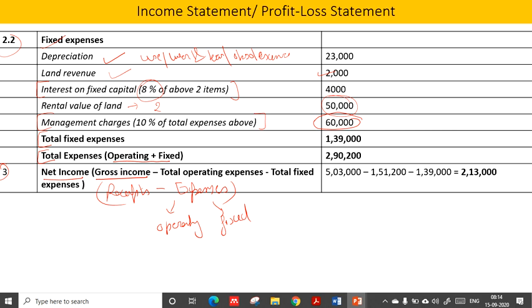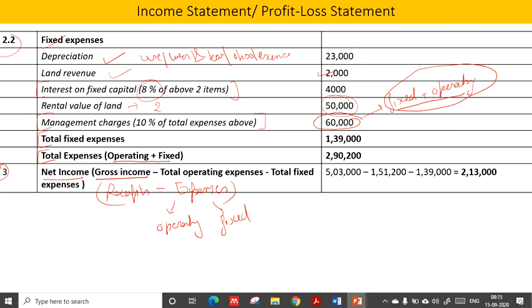Total expenses is the total of fixed plus operating.